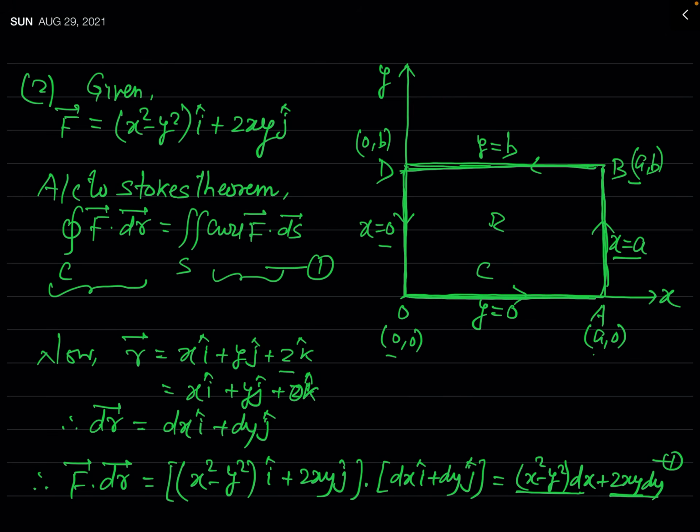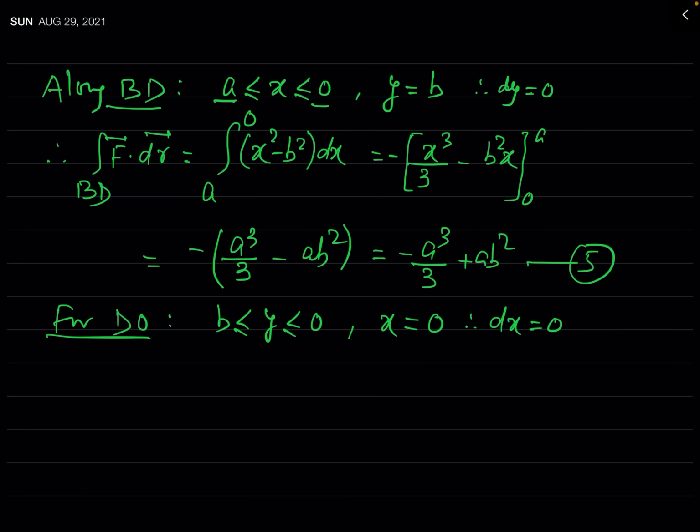Since in this case dx is equal to 0, the first term will vanish, and x is also constant at the value 0, so the second term will also vanish. So for this path DO, f dot dr is equal to 0.